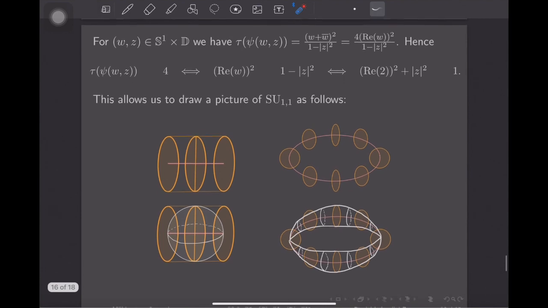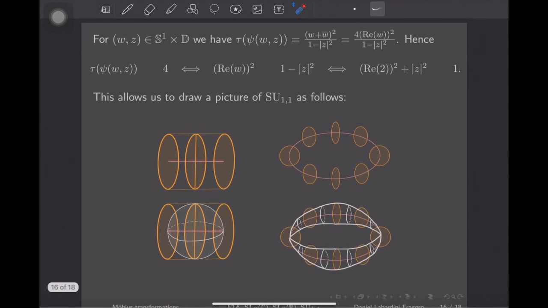By now, we should be able to observe that if you give me a loxodromic Möbius transformation, it never preserves a disk.